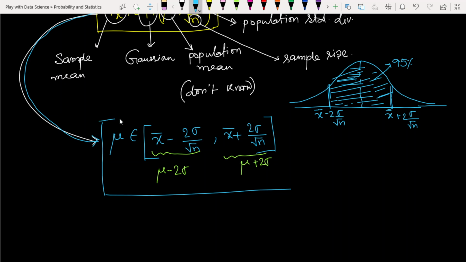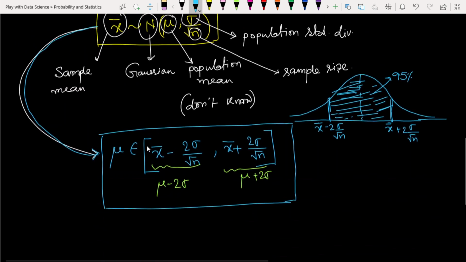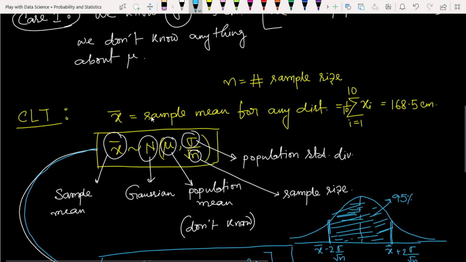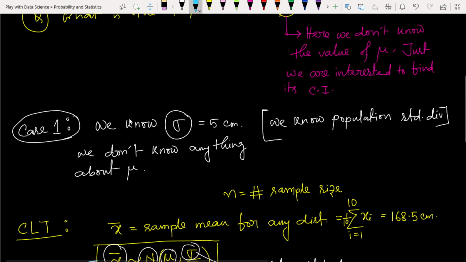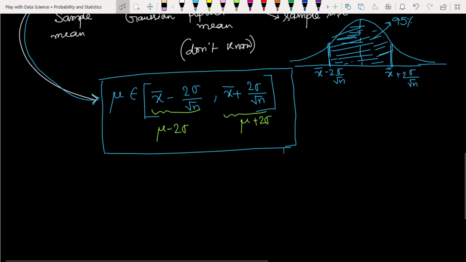We got this formula from the central limit theorem. I think you got the concept of how this is useful. These estimations of the confidence intervals are useful because this is the population mean, and in that range the mu will lie, with 95% confidence.